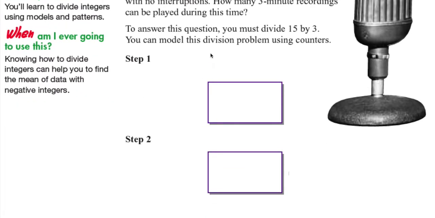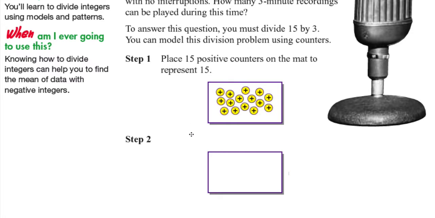You can model this division problem using counters, and you know this from when you did division in third grade and fourth grade. Place 15 counters on the mat to represent 15. Step 2, separate the 15 counters into 3 equal size groups.